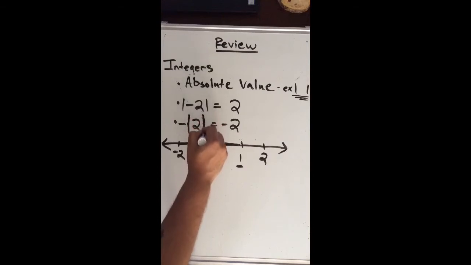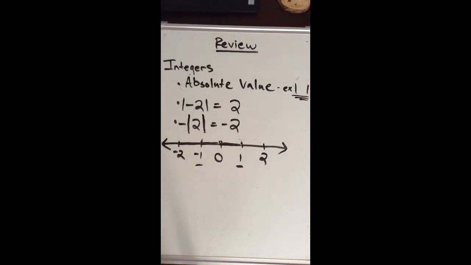Because the negative symbol is outside the absolute value bars, this is still a negative value. Now this seems tricky, but it's important to know that the number inside the absolute value bars is what's negative. Because this negative number is outside, it stays negative.